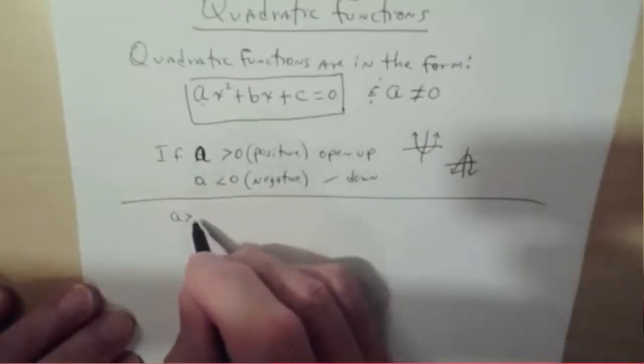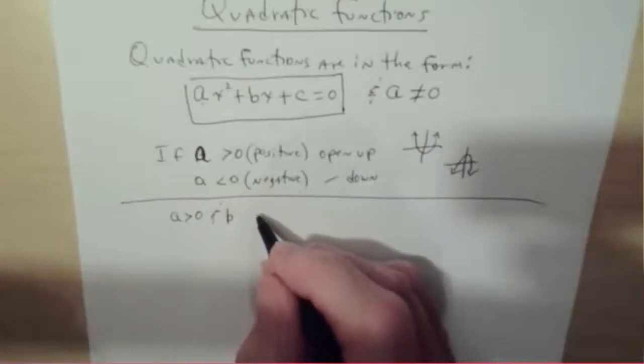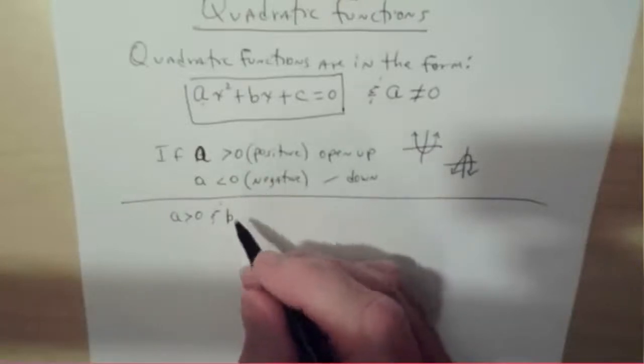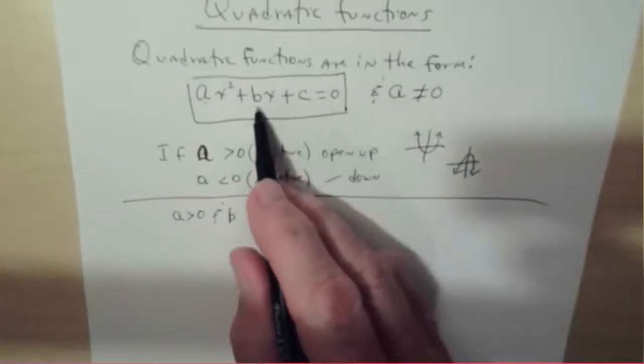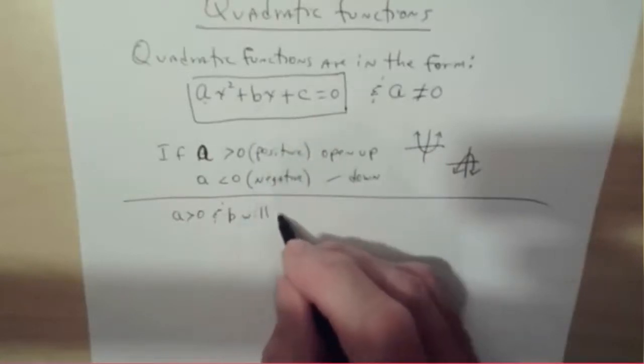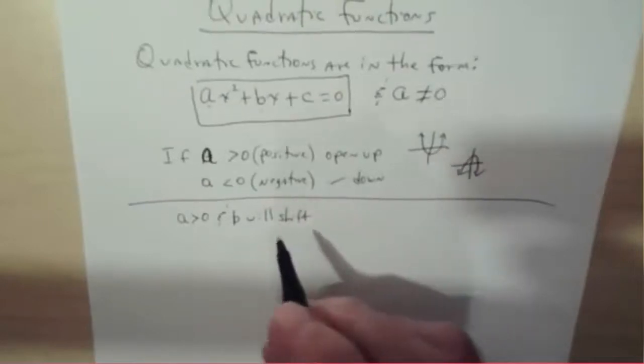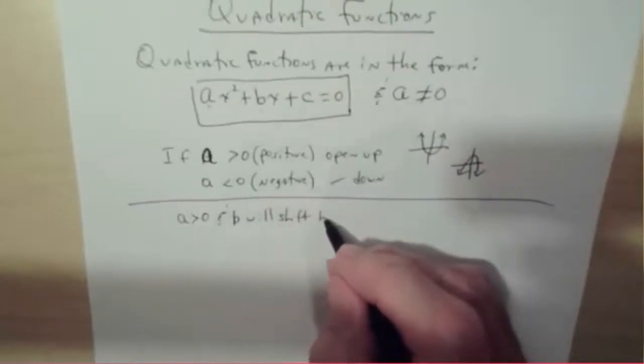Now, if a is greater than 0, in other words, positive, and b, the linear term, will shift the parabola. If it's positive, it'll shift it to the left.